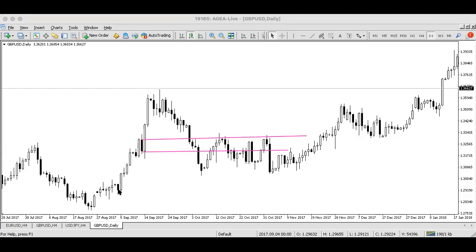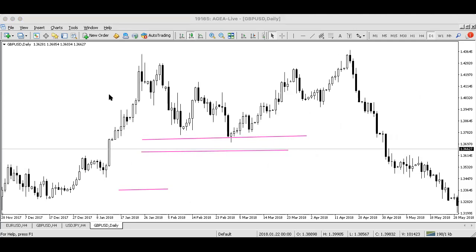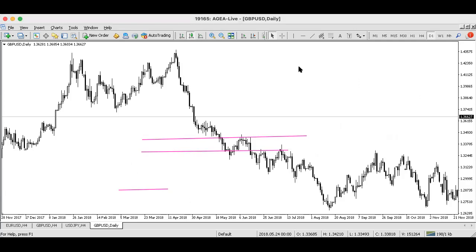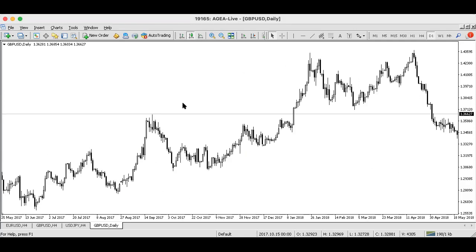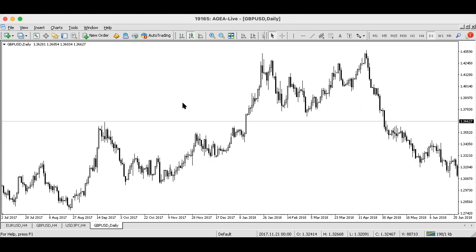We have one, two of them over here as well. The supply, if you backdate it, you realize that the market came to test that zone several times. This is 2008, 2018.